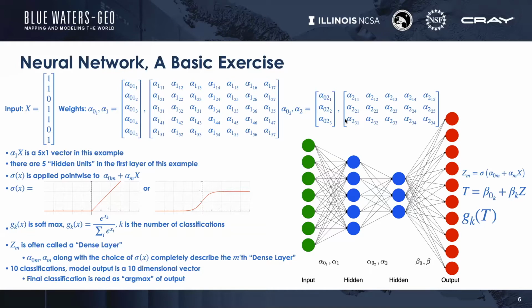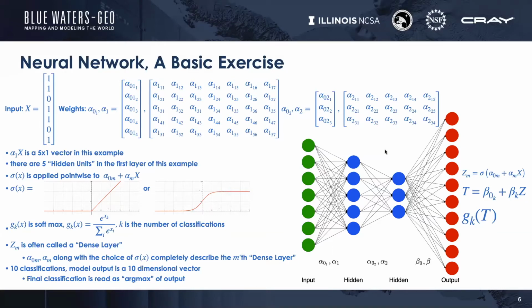And then once the data flows through each of these layers using this arithmetic, eventually we need to encode it into the final result. So this toy problem is a classification problem. We're taking in a 7-dimensional vector that represents the voltage on this electronic component.